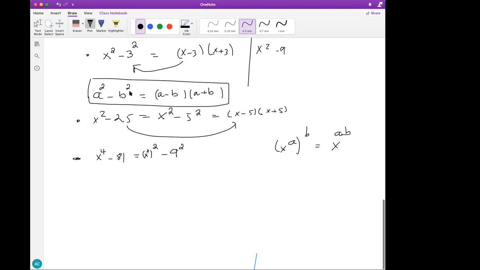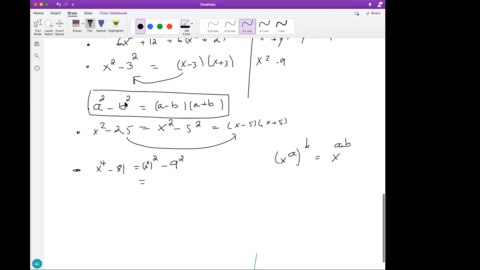Once you have 2 squares, what is the factored form, as we saw here? Just take what's under the powers. So what goes here? What's the factored form? x squared minus 9.